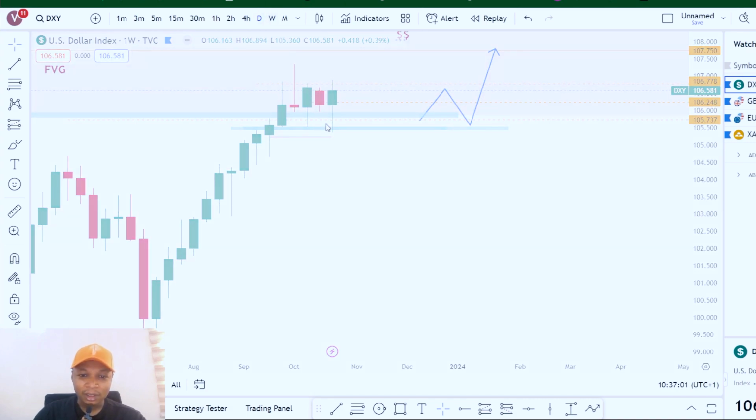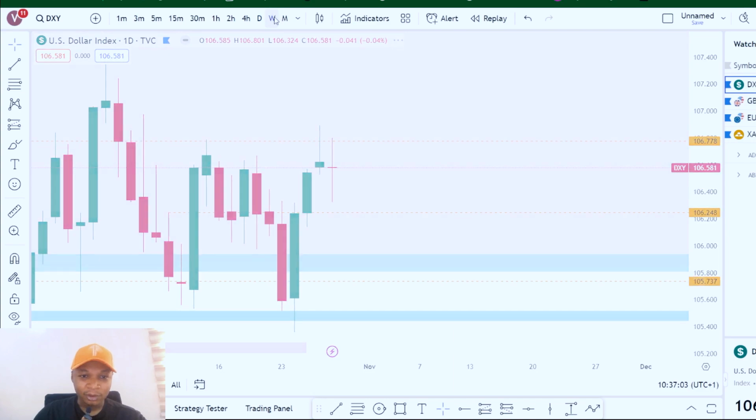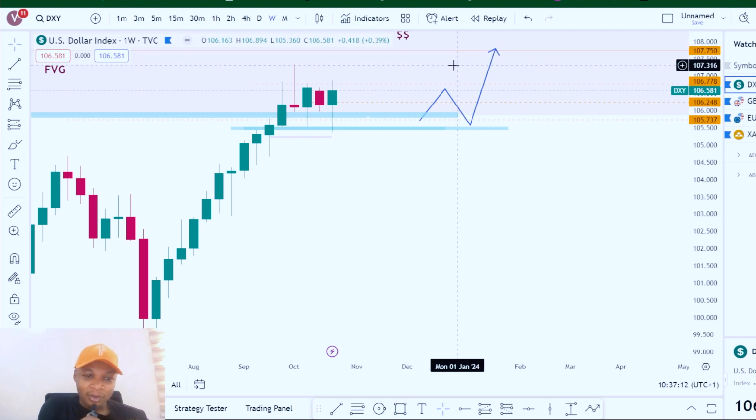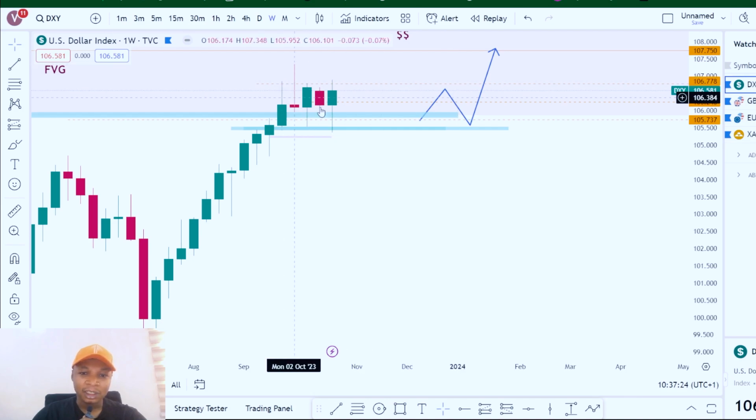Okay, now if we look at the daily time frame, our expectation for the weekly, by the way, is for price to trade all the way up here going into the next week. Of course, there are some fundamentals that may influence that decision, and knowing the international events that have been occurring, the crisis, the wars, the pegging and all that, so many fundamentals have been affecting the dollar, and the dollar, which is one of the most global currencies, has been heavily affected.